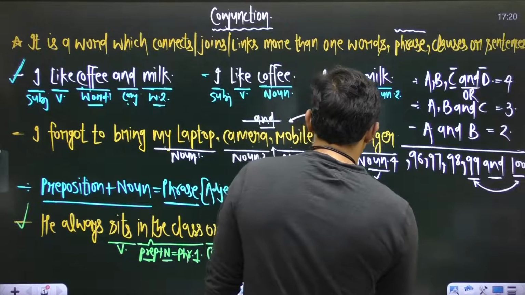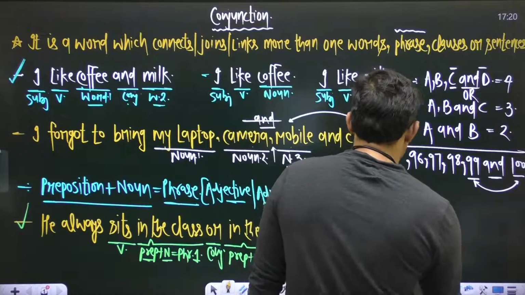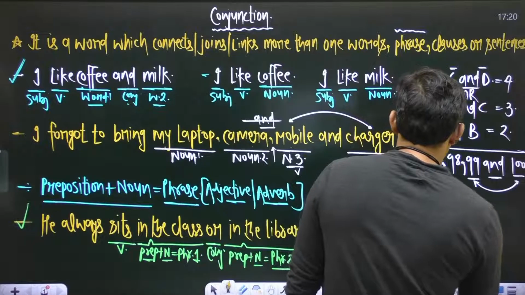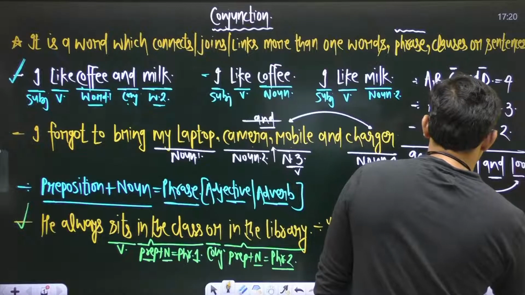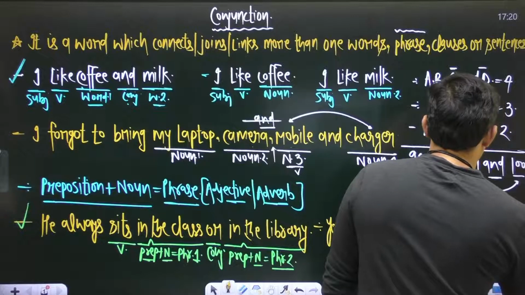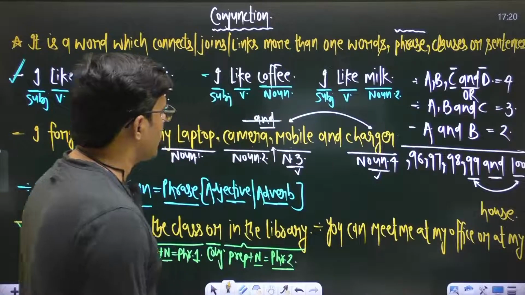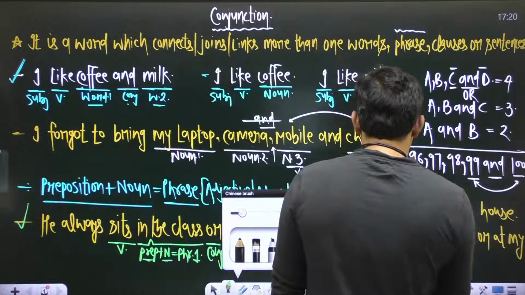And another sentence, if I say, you can meet me at my office or at my house. You can meet me at my office or at my house. In this sentence, you know it very well.